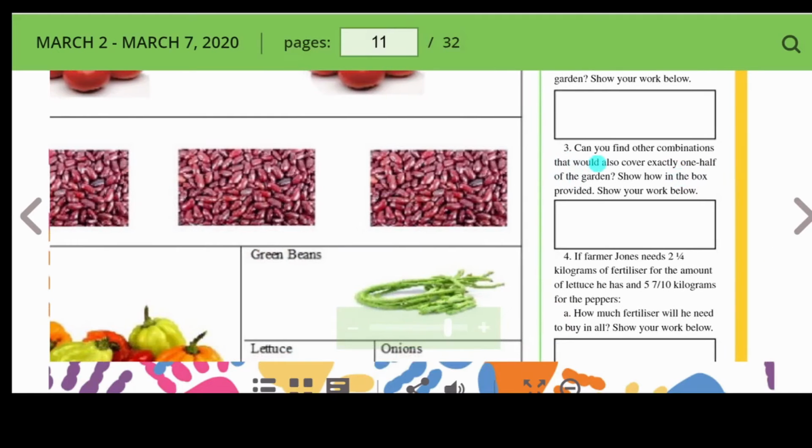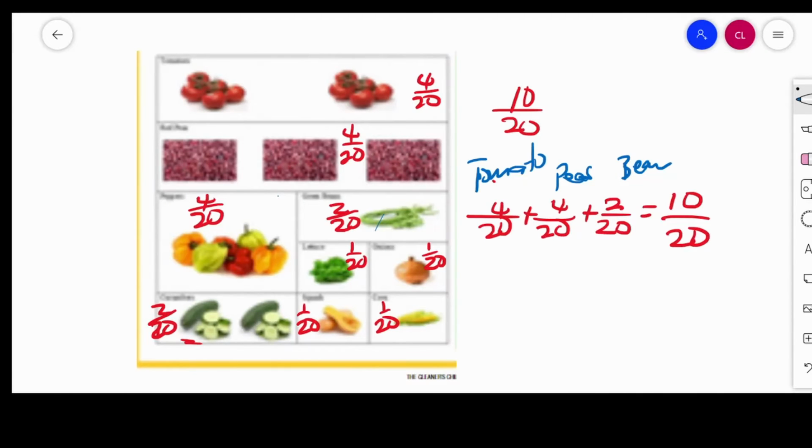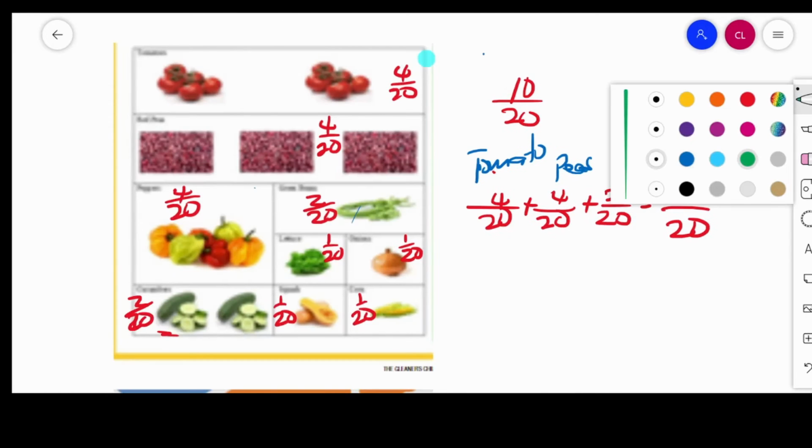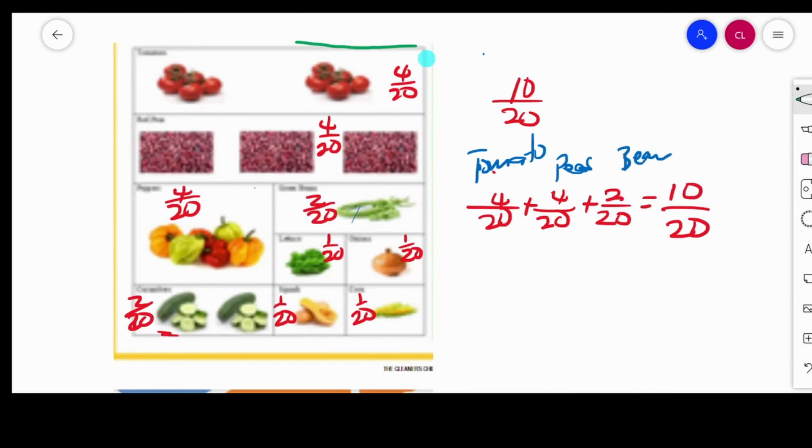Number 3 asks us to find other combinations that would exactly cover 1/2 of the garden, and you can show that in the box provided here. So based on what we have so far, we have a half of the garden. So let's show the half of the garden that we have already.